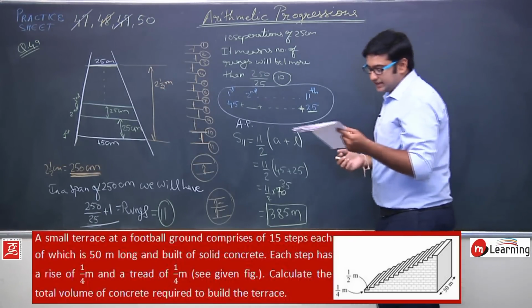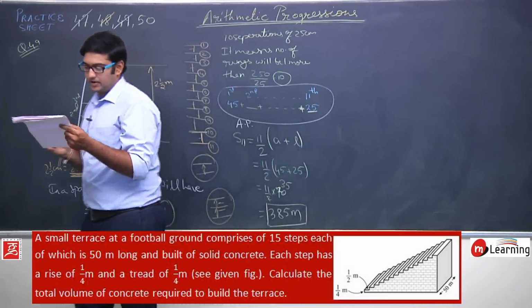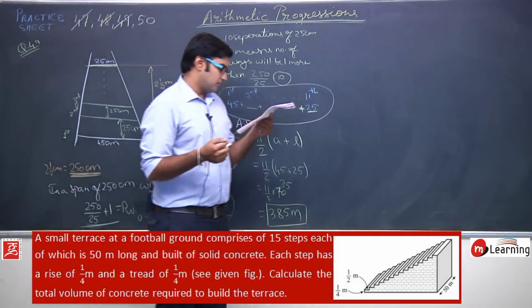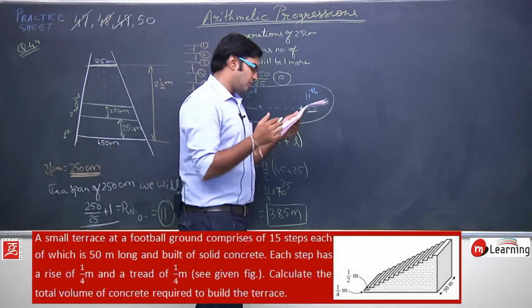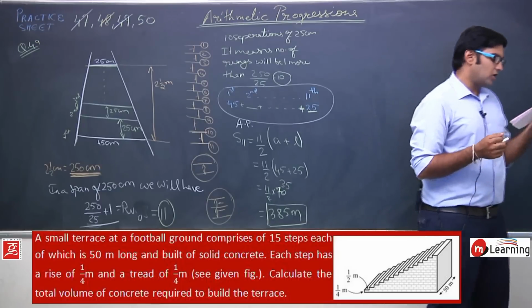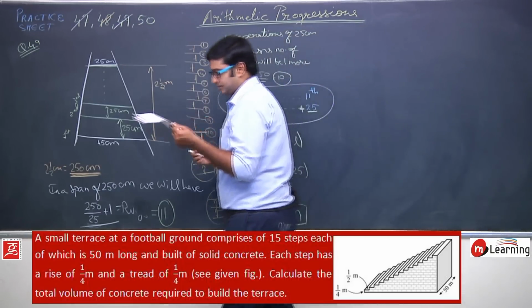Then it says each step has a rise of 1/4 meters and a tread of 1/2 meters. Then it says calculate the total volume of concrete required to build the terrace.